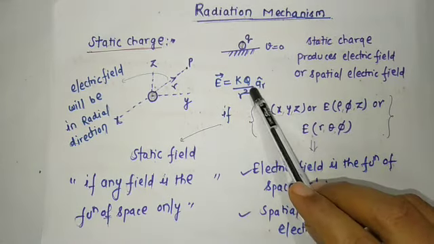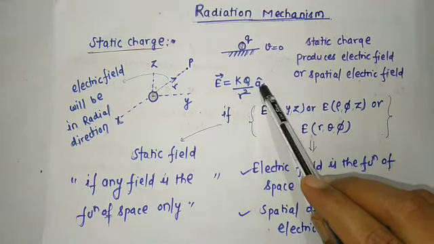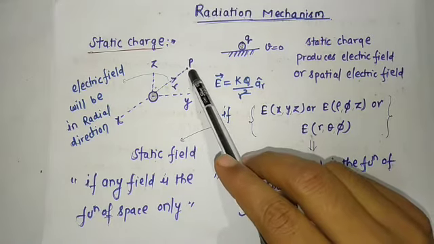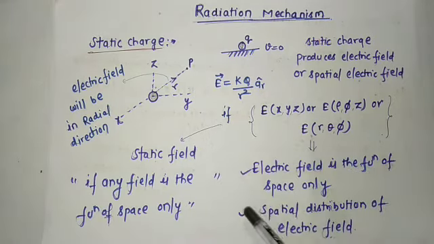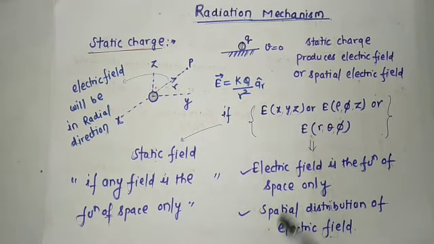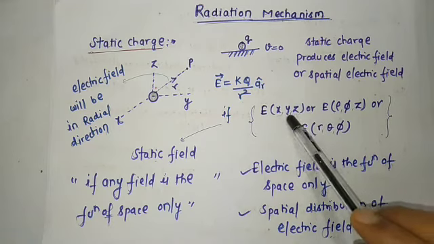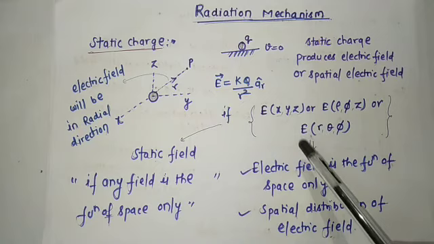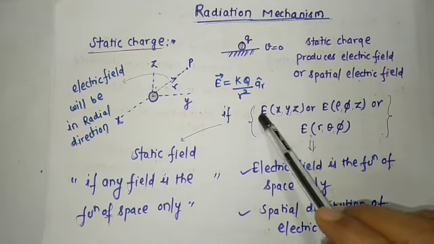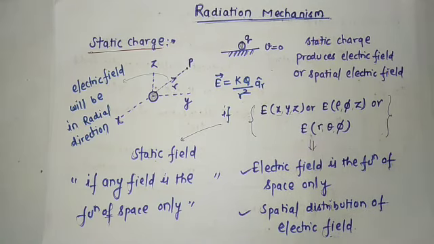You can see in this equation, this a_r cap represents the direction of the electric field. I can also say from this figure that point P is present in free space, meaning the electric field will be a function of x, y, z. Space is related to the word spatial. So it's a spatial distribution of the electric field, and this field is also known as a static field.